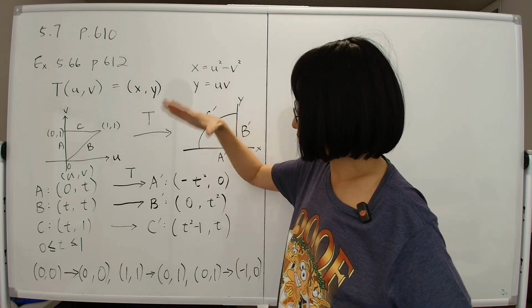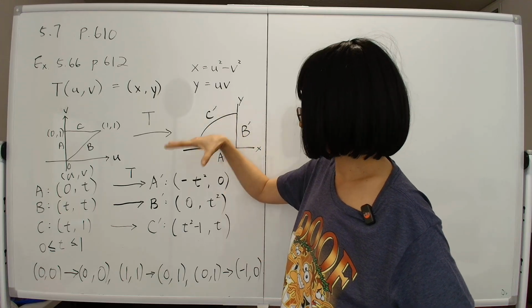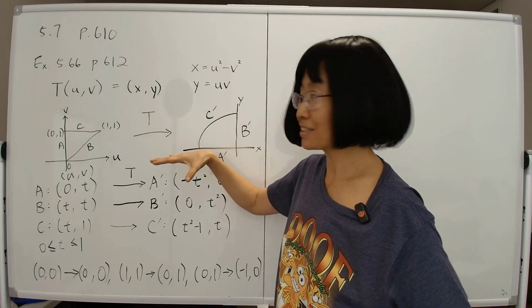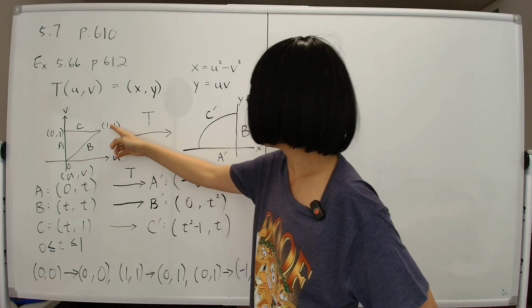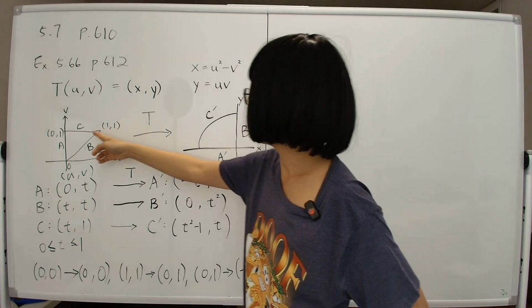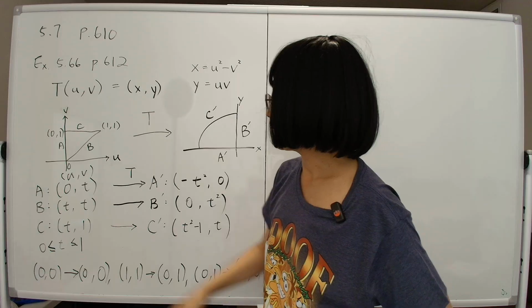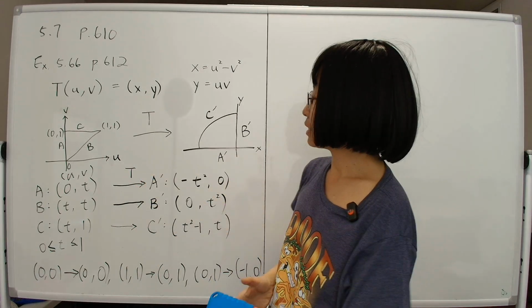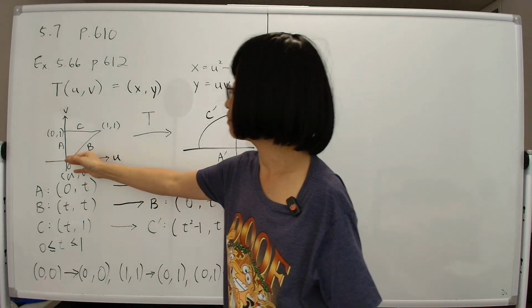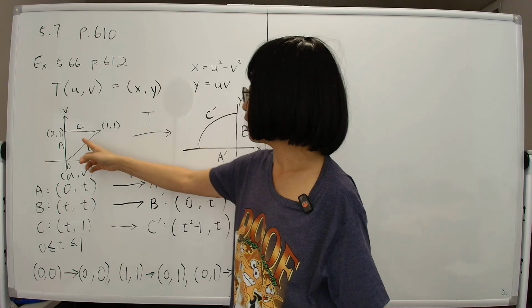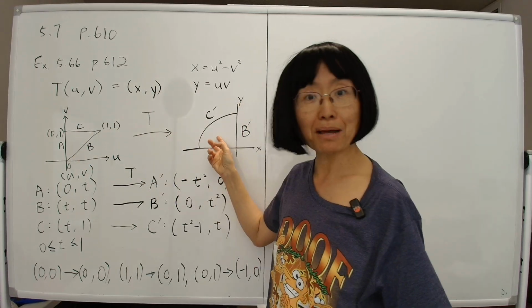So the whole thing kind of turned down by 90 degrees or so, and C got bent into that shape. I'm not going to explain why, but I'm going to simply argue that everything inside will also map in here.